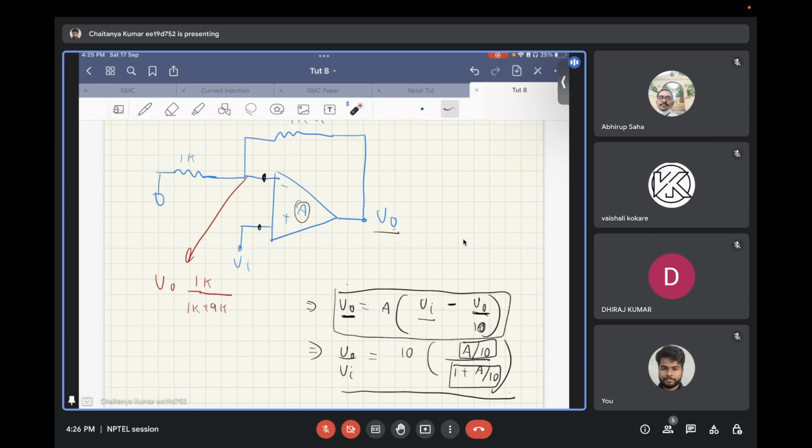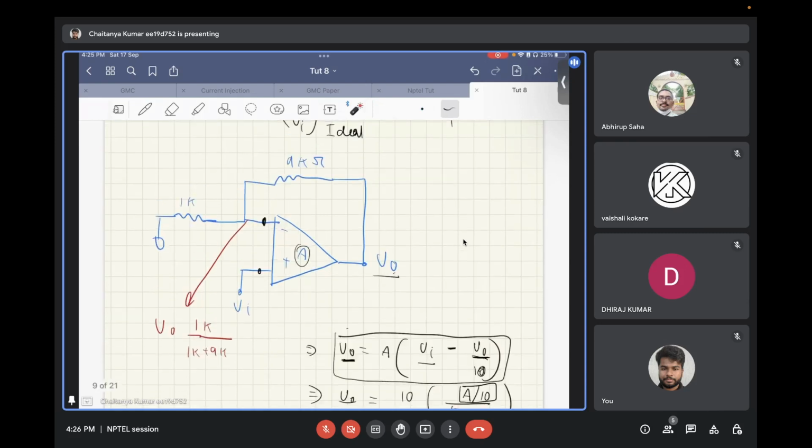As I mentioned in one of the previous questions, for any non-ideal circuit with op-amps with non-infinite gains, you find the non-ideal transfer function as the transfer function in the ideal case times loop gain upon 1 plus loop gain.